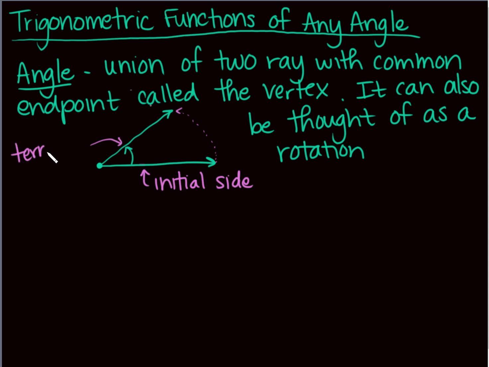It's going to be important to know what we mean by terminal side, because I'm going to use that term a lot as we go through this. I'm going to apologize right now for the lines that are not going to be straight. Apparently they just threw me these random little squiggly things, so sorry about that. This is my initial side. We can think of it as a rotation through that angle right here. A lot of times we call this angle theta or alpha or beta or some wonderful Greek letter.